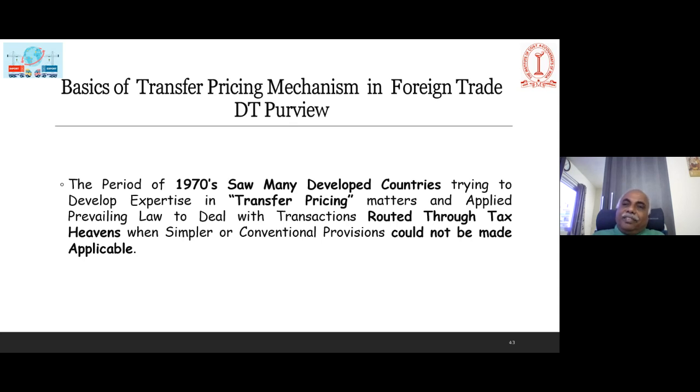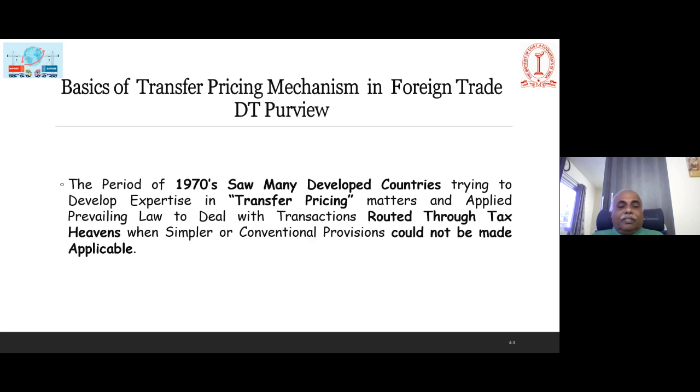So the law of demand applies: once the price of the product decreases, the demand for the product will increase. They attract volumes. That's why some countries charge less, to encourage people to use that country, and thereby employment opportunity, GDP growth, foreign exchange reserves, all of this is positive. It doesn't mean they are giving a concession. They are not giving any concession at all. If that were not there, they would not get anything.